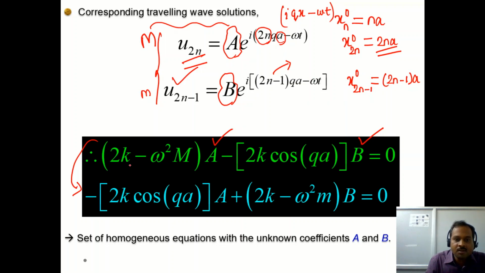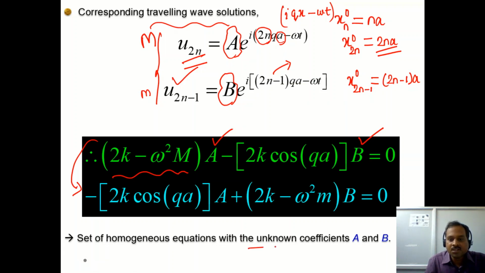Here you can see for the term 2k minus omega square m, the coefficient from the first equation is a, whereas for the second equation it comes out to be b, because of the different amplitudes of vibration for the capital M and small m. Because the masses are different, the amplitudes are different. As a result, we see different coefficients for the same kind of terms here.